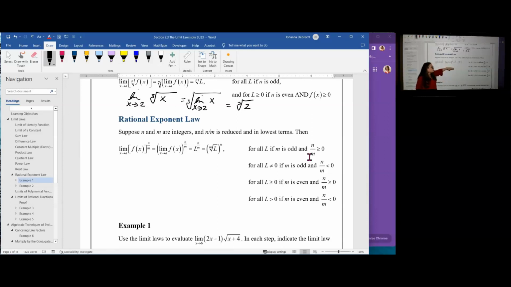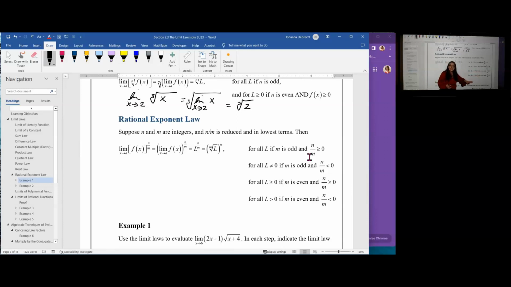This does not put it in the denominator. All right, because n over m is positive, it stays wherever it is. And then I can take L to the n over m power. What if m is odd, but n over m is a negative number, which will change the position? Well, then it's okay, provided that L is not 0, because we won't want to divide by 0.